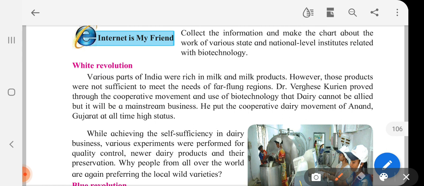White Revolution. Various parts of India were rich in milk and milk products. However, those products were not sufficient to meet the needs of far-flung regions. Dr. Verghese Kurien showed, through the cooperative movement and use of biotechnology, that dairy can be an allied business but also a mainstream business.